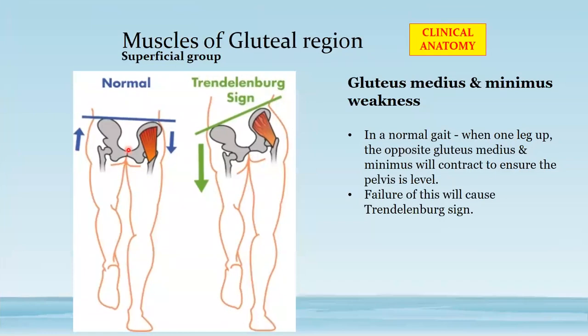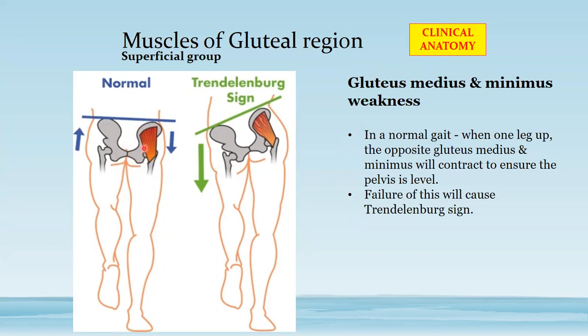Okay, in a condition that causes gluteus medius and gluteus minimus weakness, the person might show you the Trendelenburg sign. Okay, what is this? In a normal gait, with normal gluteus medius and minimus muscles, when one leg is up, for instance in this picture, the left leg is up, the opposite gluteus medius and minimus muscles will contract.